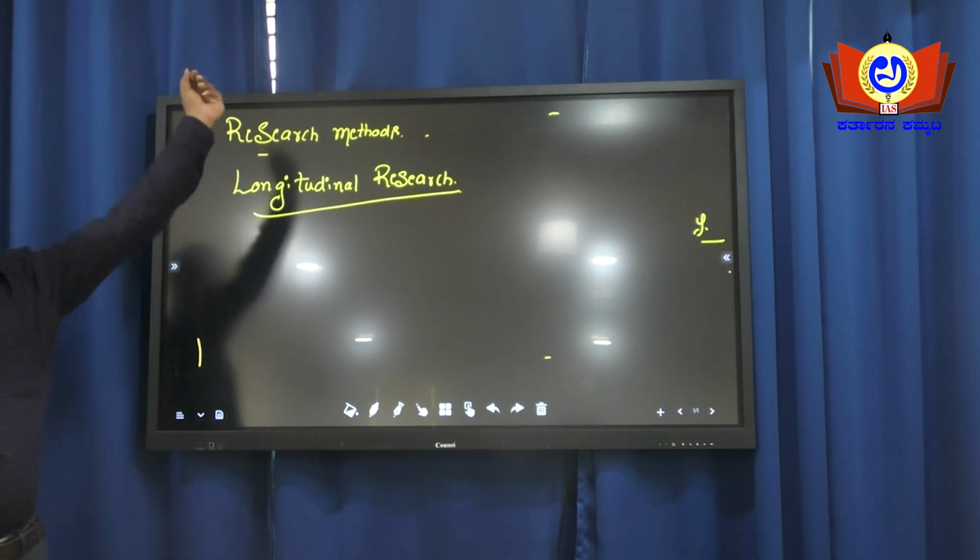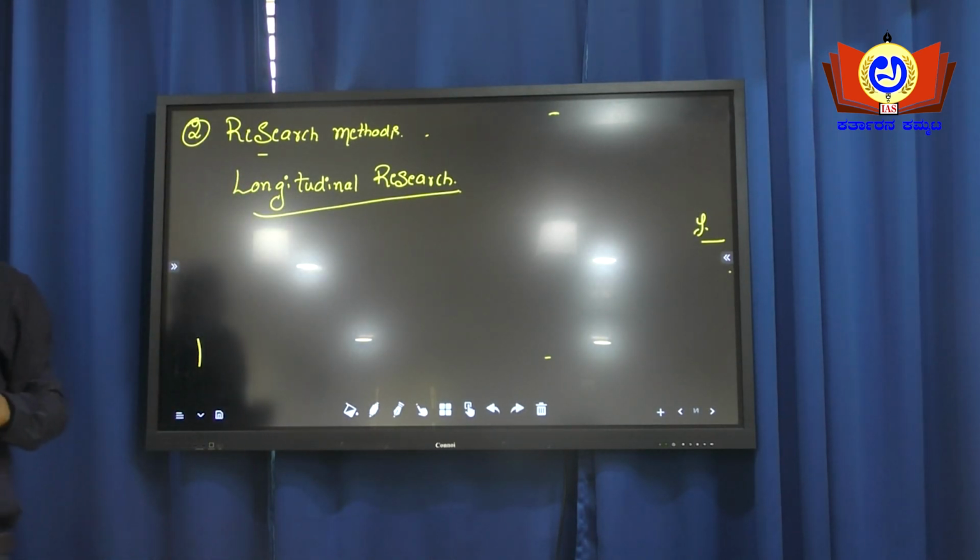Longitudinal research means study for an extended period of time. You may ask, sir, where will we apply this? For example, to decide whether to give reservation to a certain community or section of people, we should do a longitudinal study.